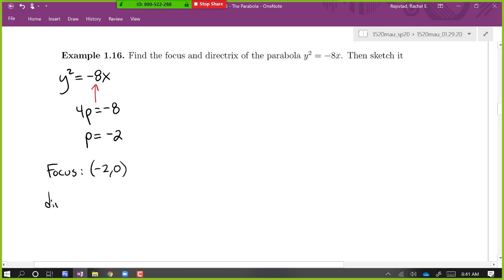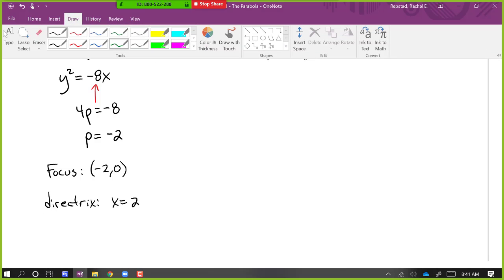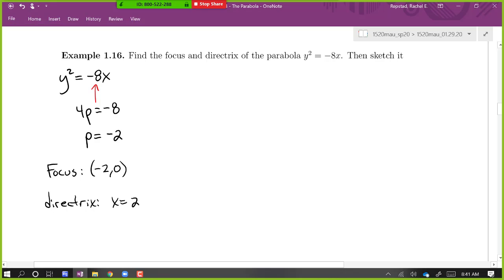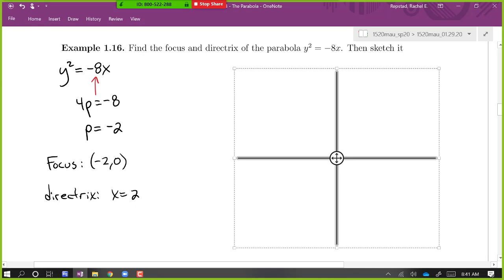And the directrix is going to be on the other side. So that's x equals positive 2. There's negative 2. That's the focus.